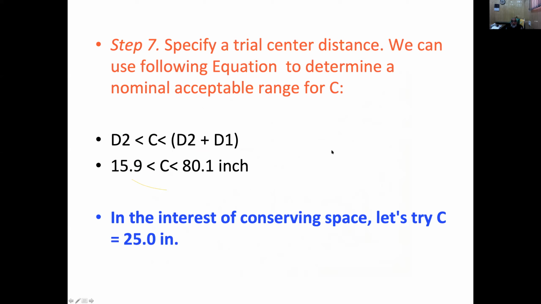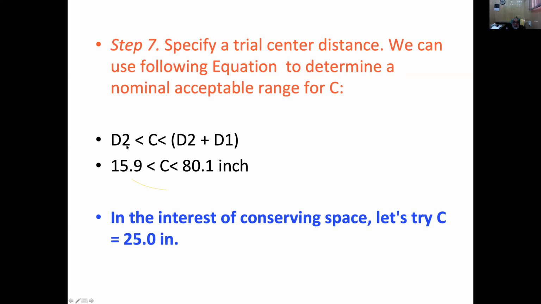Now you know D1, you know D2, you know the rated power for the belt. So you have designed a belt for this, but you don't know how many belts you have to use for this power. Now you can see the specific trial central distance. We can use the following equation to determine a nominal acceptable range for C. For obtaining the central distance, which is another factor of design, you have to use this empirical relation.